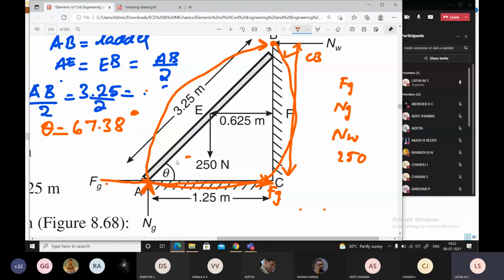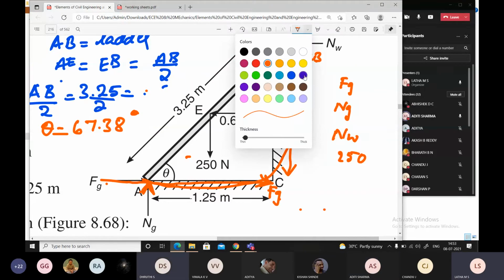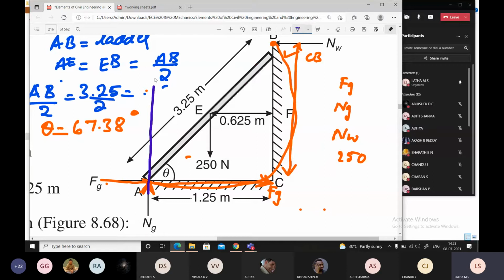What is the perpendicular distance for Ng? 3.25. I'll check whether I pull this Ng along the line of action. I'll clear this again.